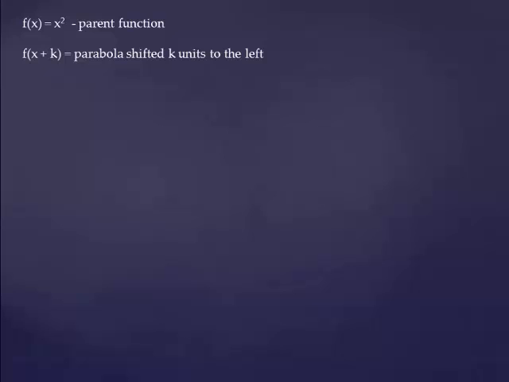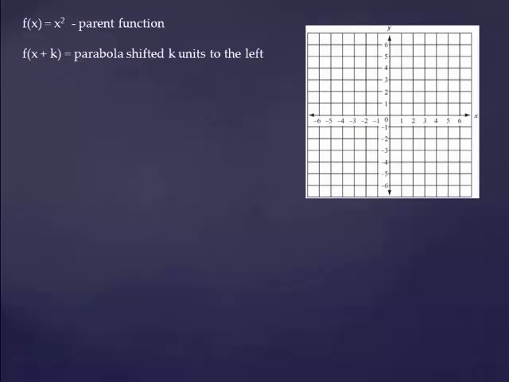Okay, so we're going to add k units to the left. So let's just say, instead of doing x squared, we do x plus 5 squared.